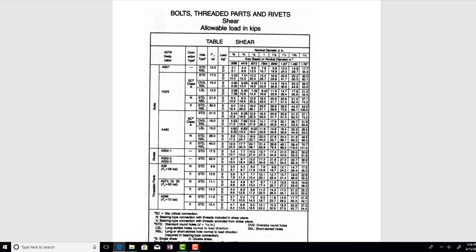All right. When we did our connection examples, this is one of the charts that showed up. This is specific to calculating the shear capacity of a bolted connection. And so if we're dealing with bolts, then we'd pick the specific type of bolt I've given, A307 or A325, A490. All this information would be given in the problem.